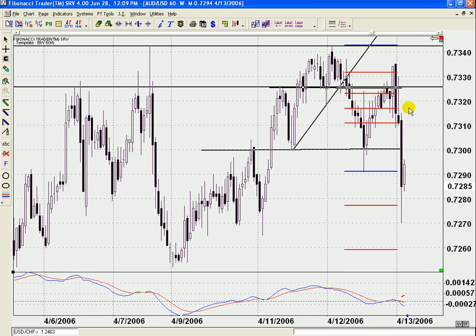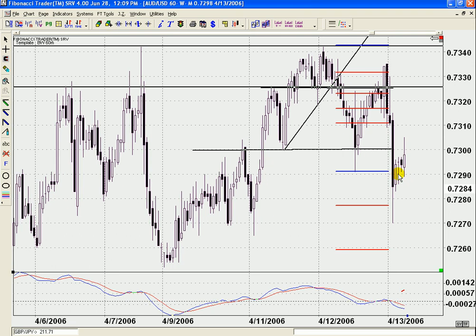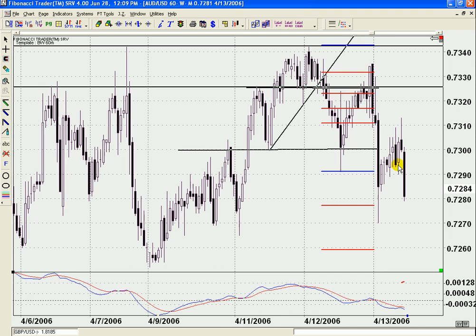And then price moves down to our 127% extension. Now we see a rally to the neckline.